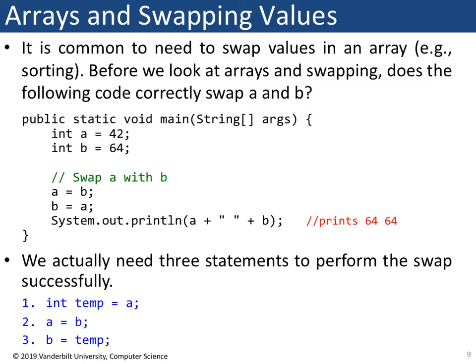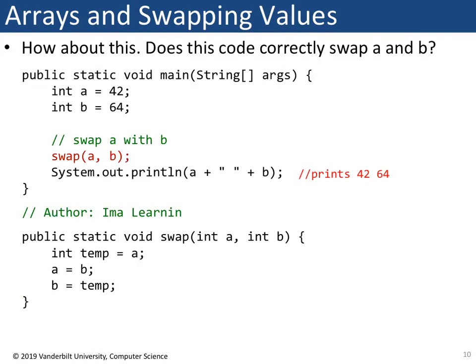So now A contains 64, and B contains 42. This is the typical way that you would go about swapping two values. You have to introduce a third variable called, in this case, temp, to temporarily store one of the values so that when you move, in this case, B into A, you don't wipe out the value which was stored in A.